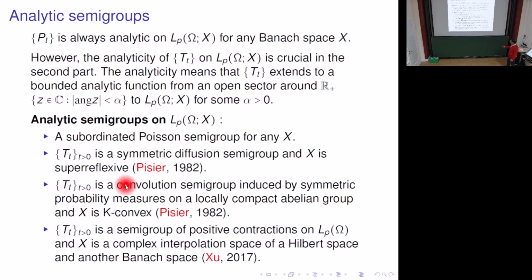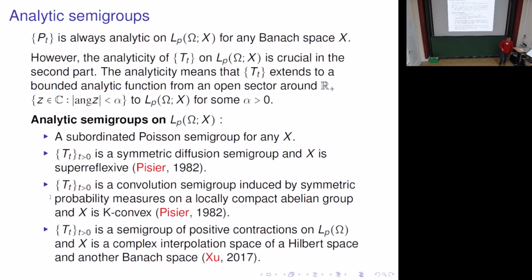But if we give a strong assumption on the semigroup, that the semigroup is a convolution semigroup induced by a symmetric probability measure on a locally compact abelian group, then we can weaken the assumption on the geometry of X. Now X needs to be only K-convex.